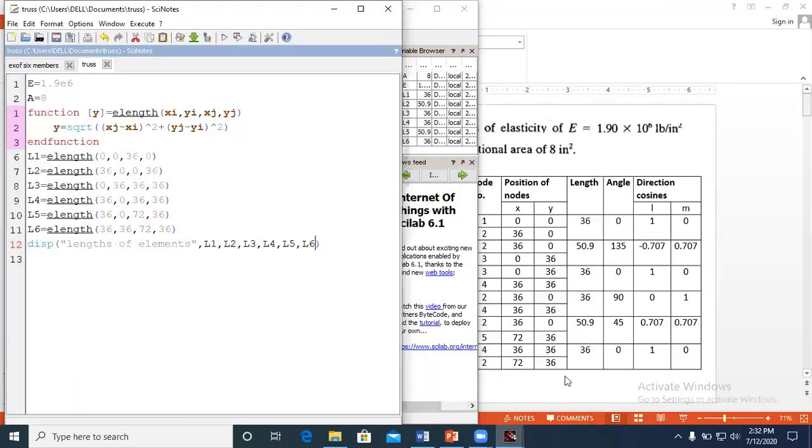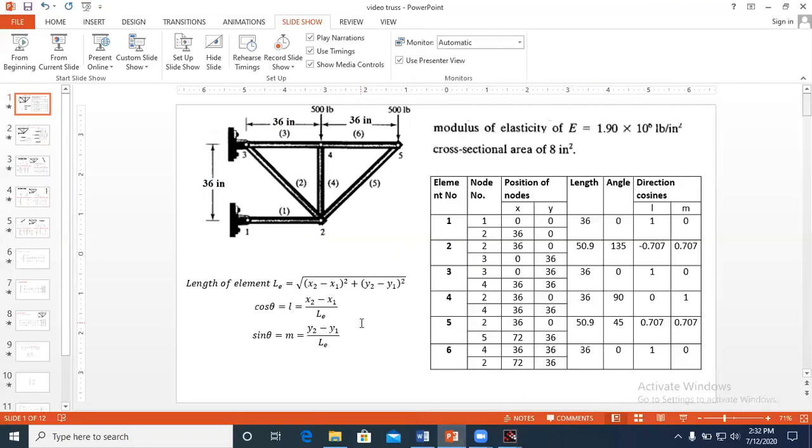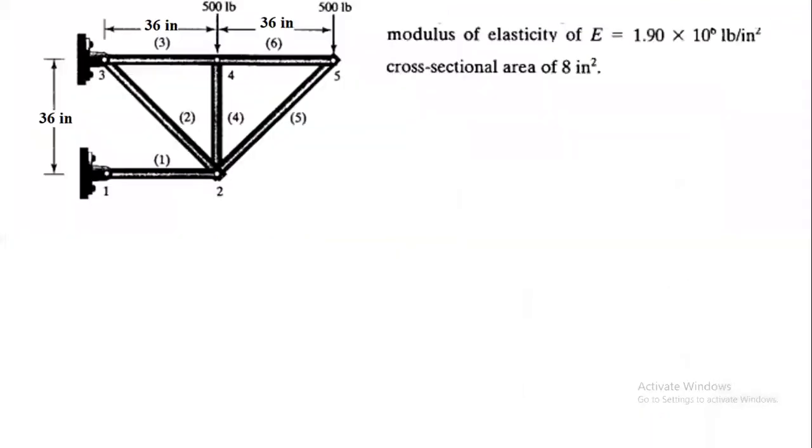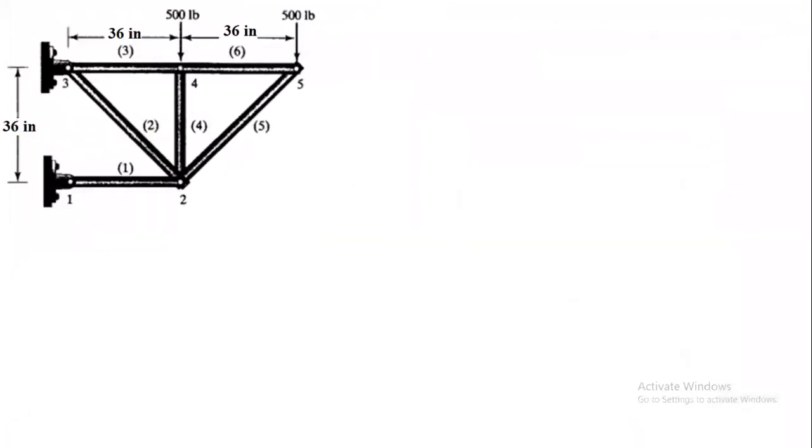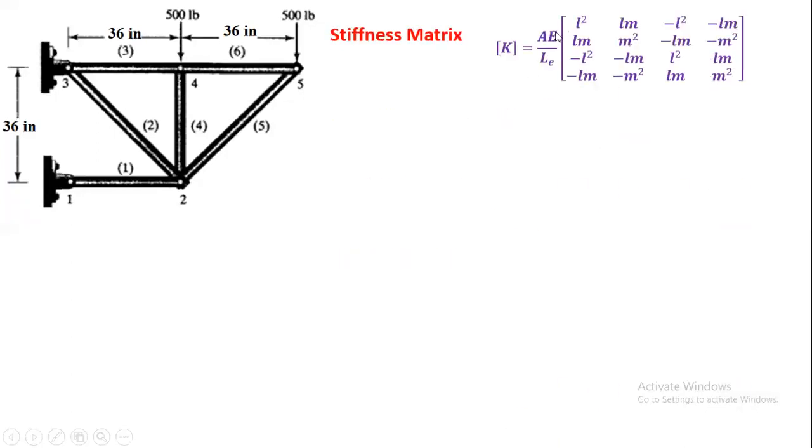Now after defining this function, after calculation of this, you have to calculate the stiffness matrix. For calculation of the stiffness matrix, we have the equation K is equal to AE by LE. LE is the length of element, and these are the direction cosines of the element. Now we will start with the first element.